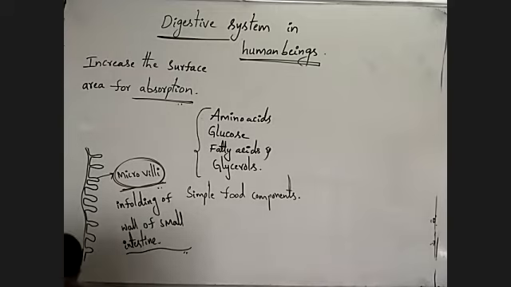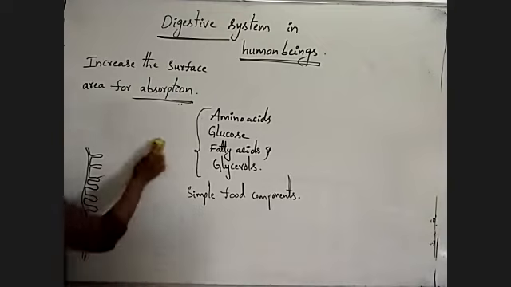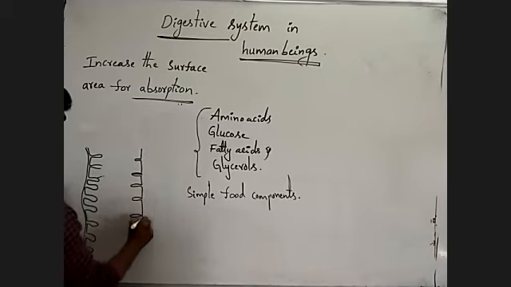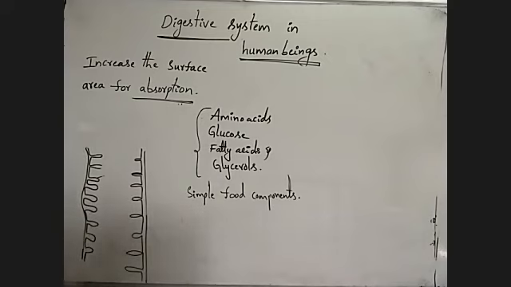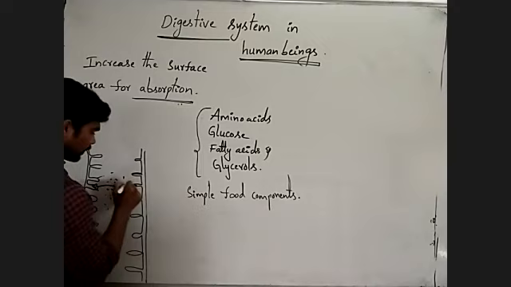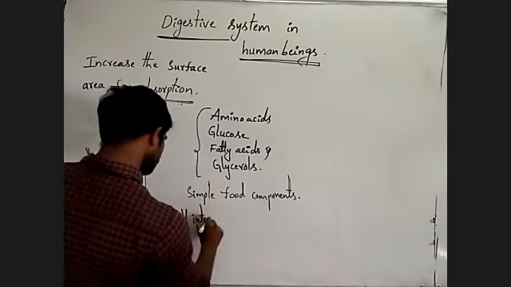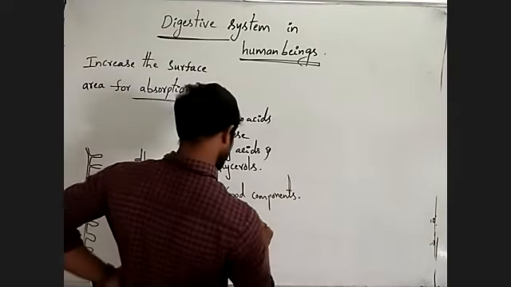Are you understanding? Next, after the digestion process, all the digested materials are absorbed from the small intestine into the villi, first from the small intestine to the microvilli.